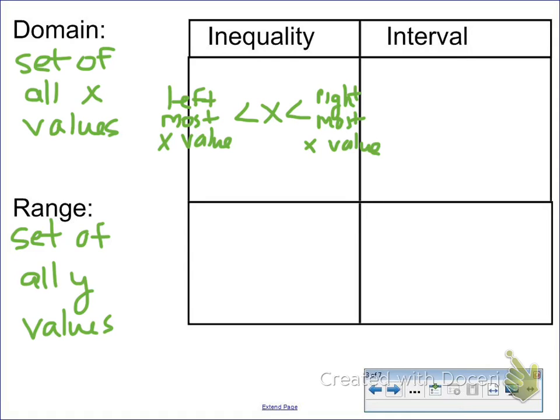For interval notation, you're just going to use square brackets when you can equal the endpoint. And you're going to use open brackets when you cannot.